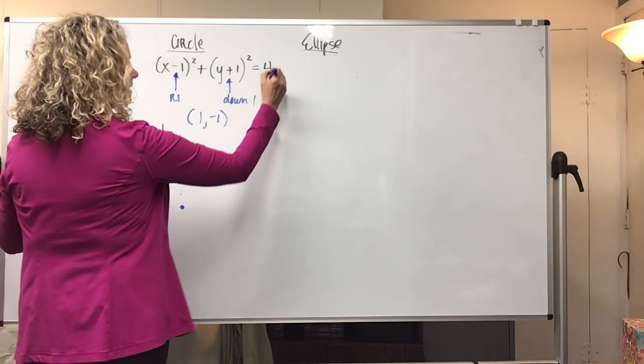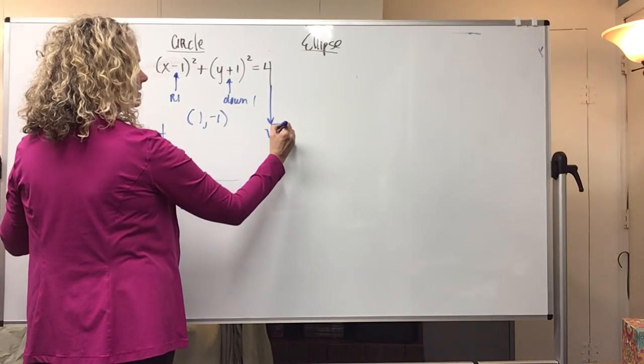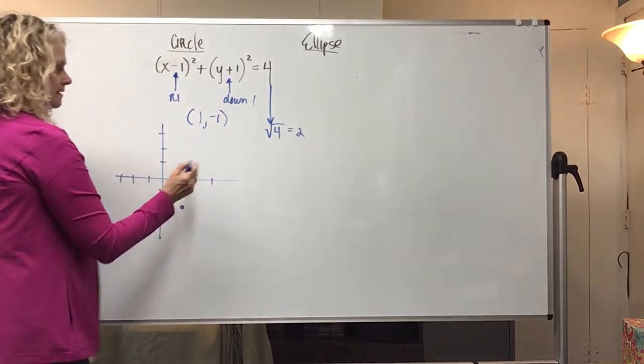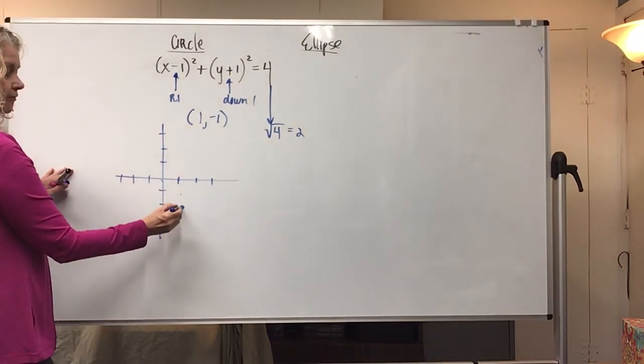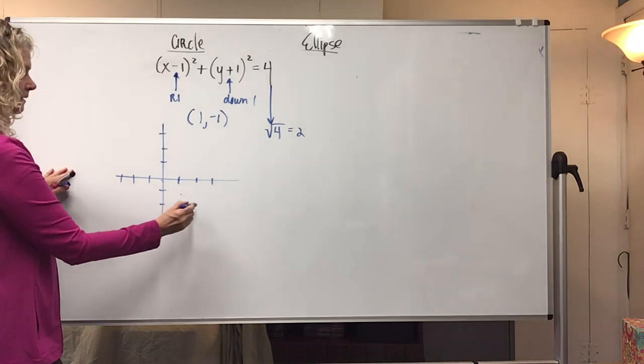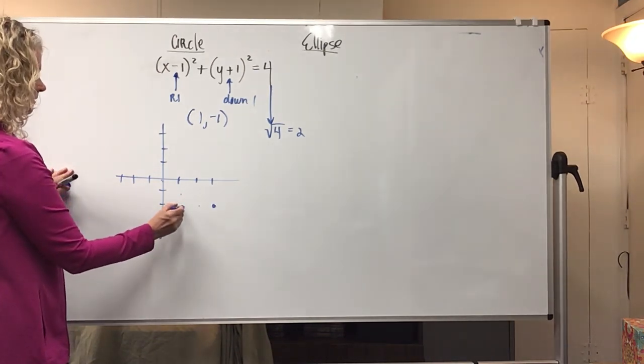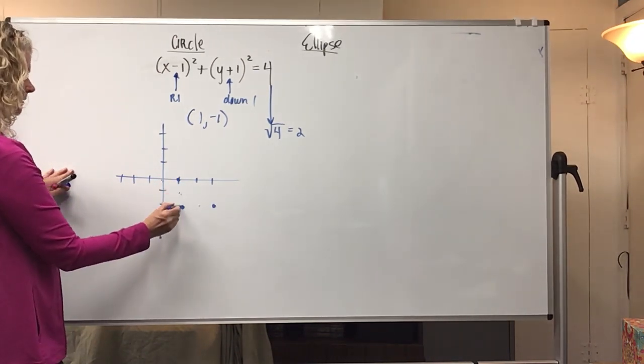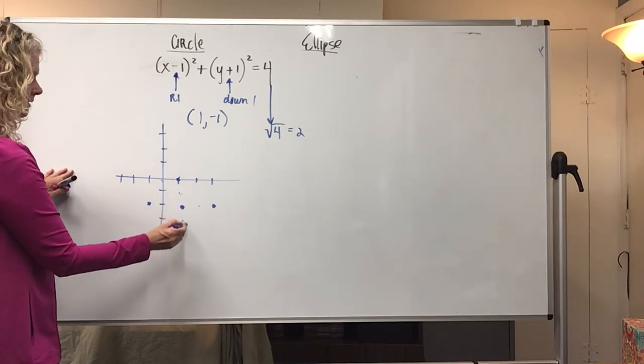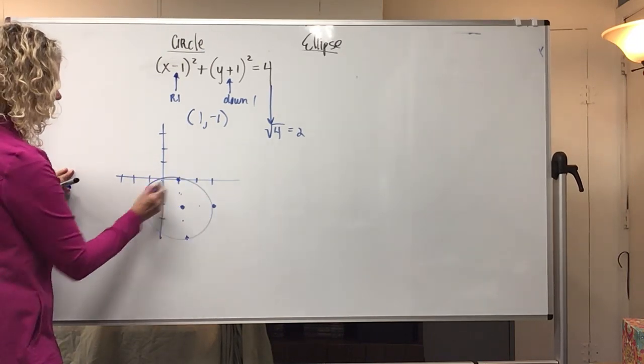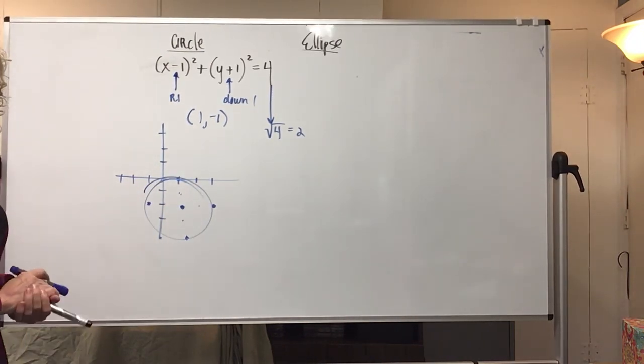And then we take this number, whatever it is, and we take the square root, and we go from the center right 2, up 2, left 2, down 2, and you make a nice circle.